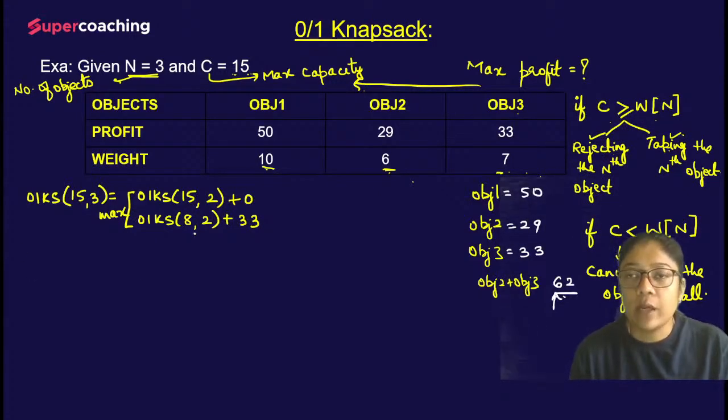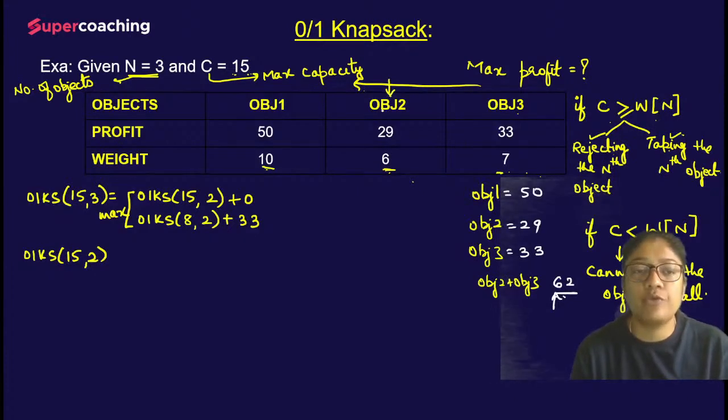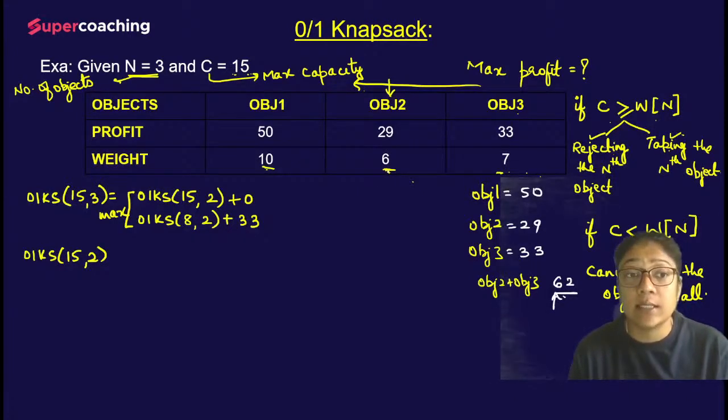Now you have two new function calls. Let us solve these two function calls. 15, 2. That means right now we are considering object 2. Focus on the weight of the object, that is 6. 6 is less than the capacity of the knapsack, so this object can be taken or it can be rejected. Maximum of two cases. 0/1 knapsack: if object 2 is rejected, then the capacity remains the same, moving on to object 1.